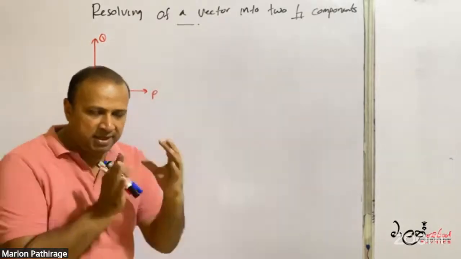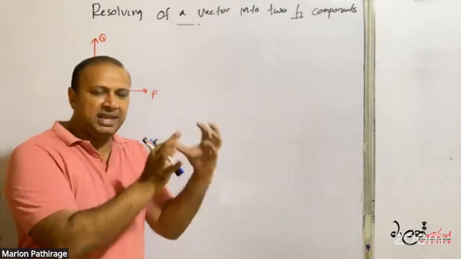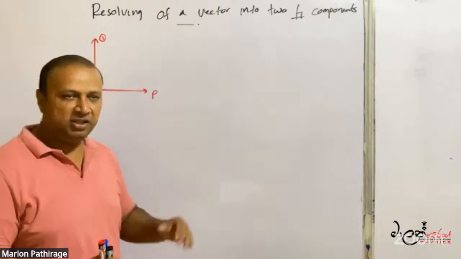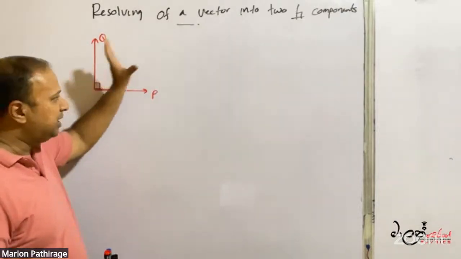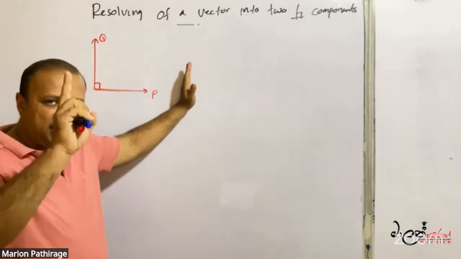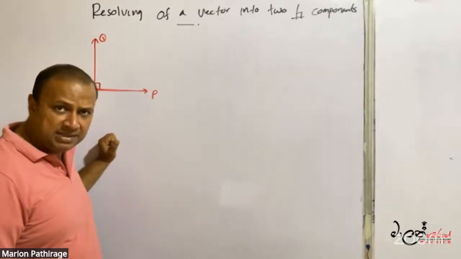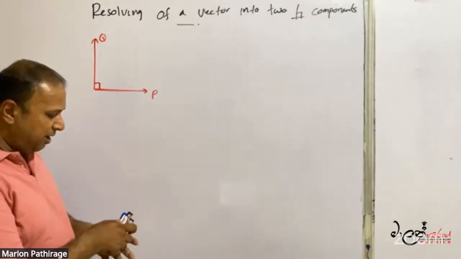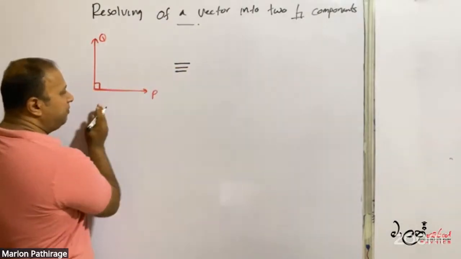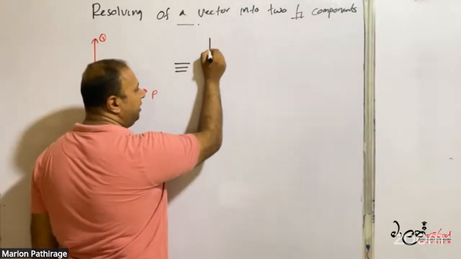A resultant vector is the single vector that can give the same result as the vector system. Therefore, we can replace these two vectors by their resultant.